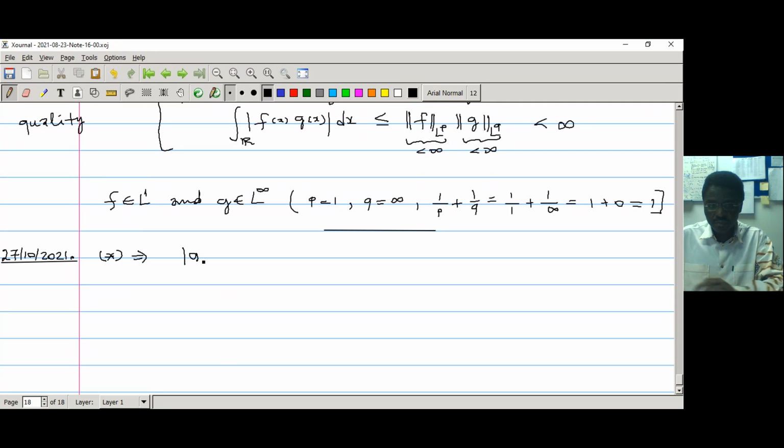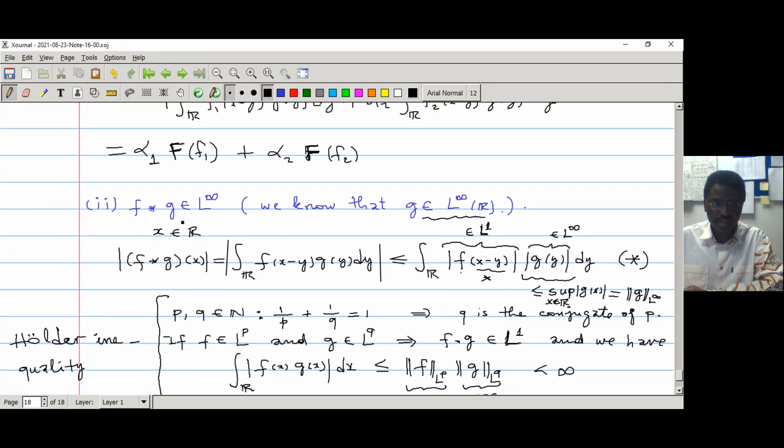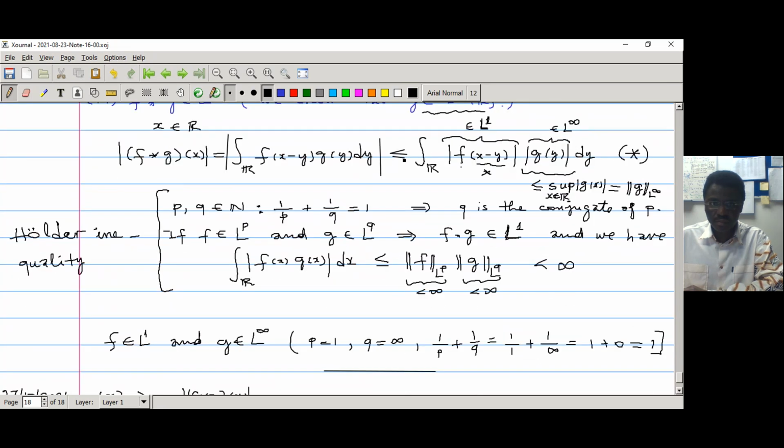the absolute value of f g of x, like this, right? Because that is our, yeah, this one. So this is less than this, which in turn is less.